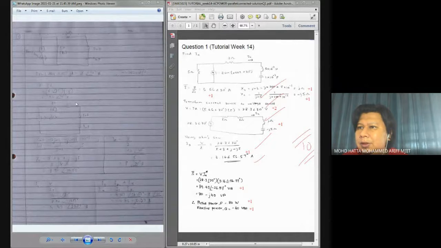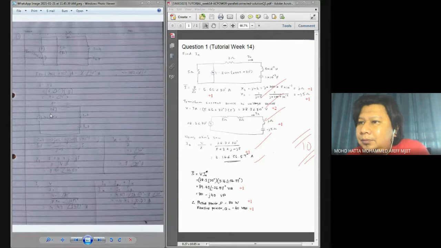So you just multiply the current and the impedance, and in this case the impedance for the transformation purpose is this 5 ohm resistor, and he multiplied these two to get a voltage value.